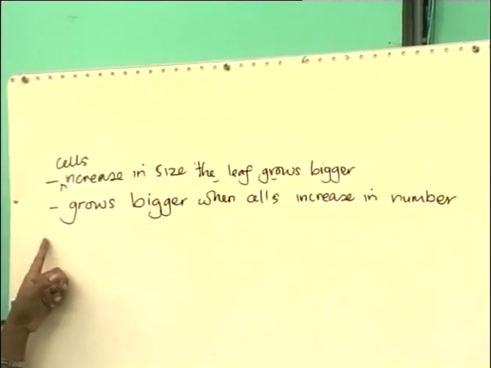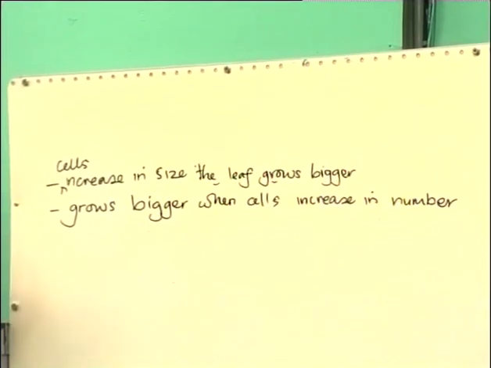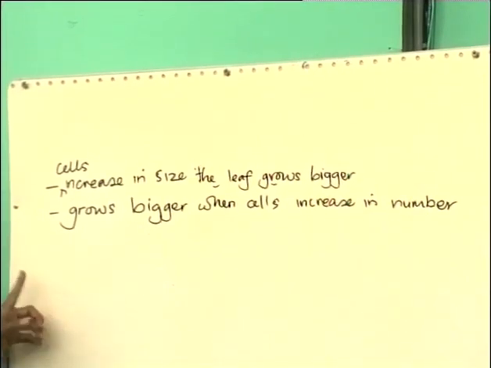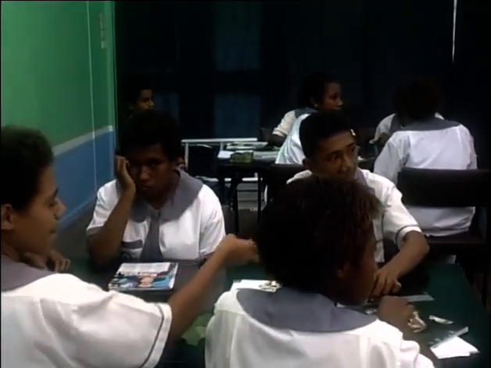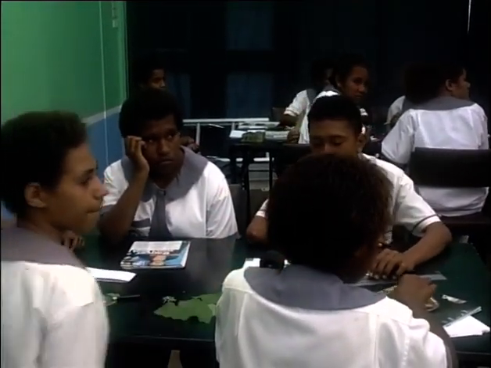Grows bigger when cells increase in number. Okay. Now, anyone's got something more to add on this? When cells increase in number, the leaf grows bigger and it reproduces new leaves. All right. Grows in number, and you say new leaves.